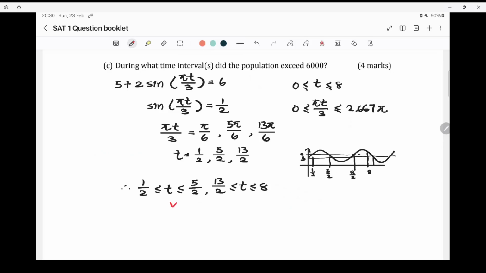So these two intervals, 1 mark, 1 mark, and then finding this 1 mark, this 1 mark. So total you have 4 marks.